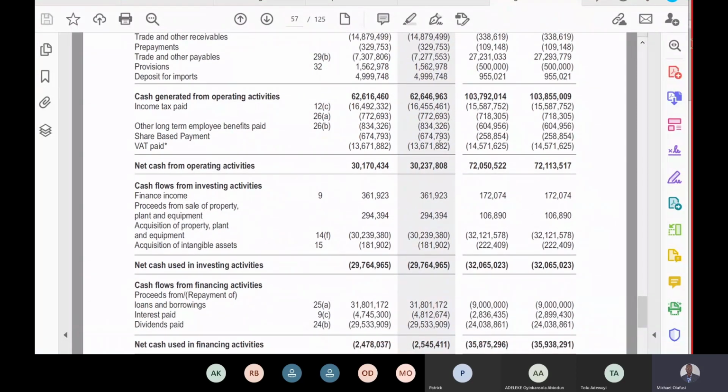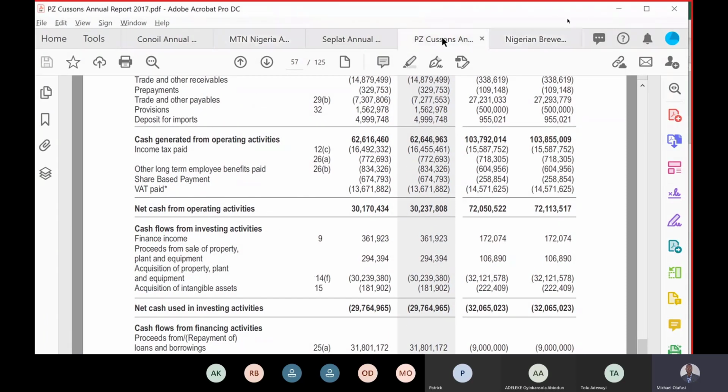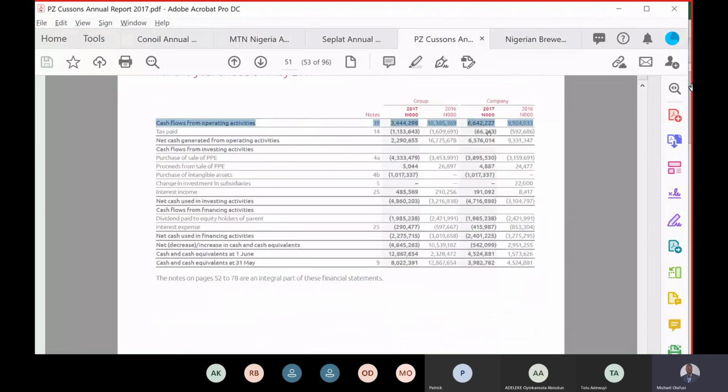The other ones I open, let's check if any one of them has. But at least you can see the finance income I mentioned now. You can see the disposal, acquisition, and we have added our PP&E and intangible assets, so that makes our life a lot easier. Let me check for another company and see a company that has invested.